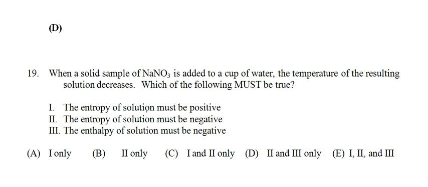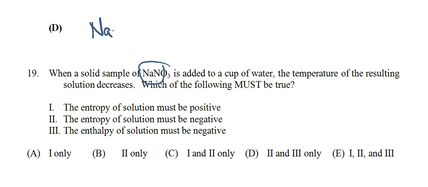Number 19. When a solid sample of sodium nitrate is added to a cup of water, the temperature of the resulting solution decreases. Which of the following must be true? Now, we have to ask ourselves a couple things here. First of all, what is sodium nitrate? Well, sodium nitrate is a pretty strong salt. How do we know that? Solubility rules.